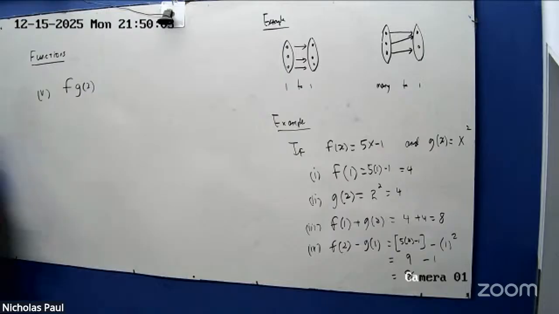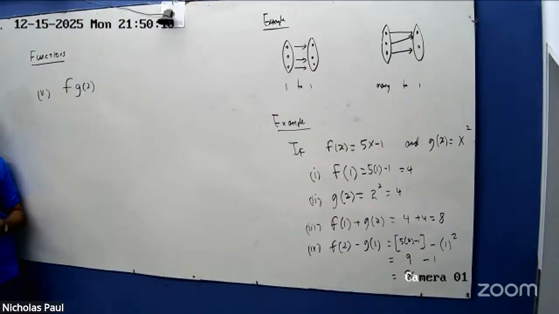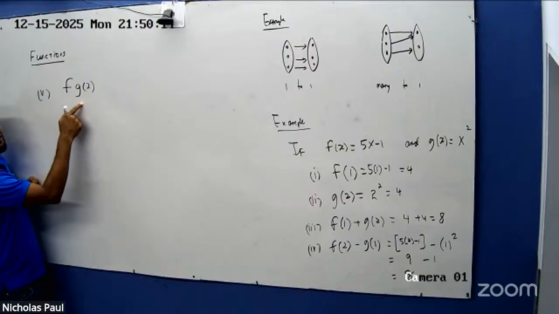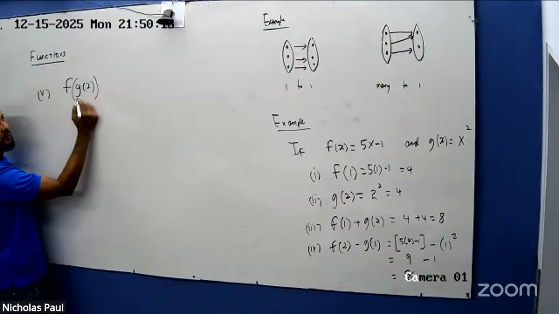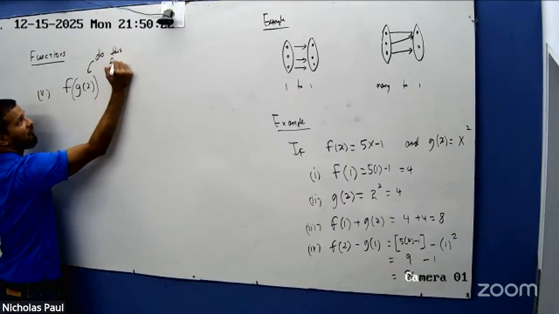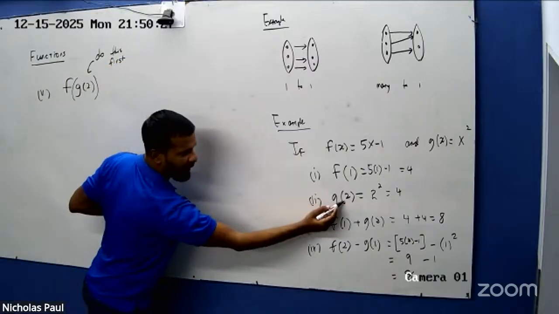Anybody can try. Solve for g of 2 first. Two ways you can do it. For now, I want you to find g of 2 first. So I'm putting up brackets here. What this bracket tells me is to do this first. Find g of 2, which we found here.